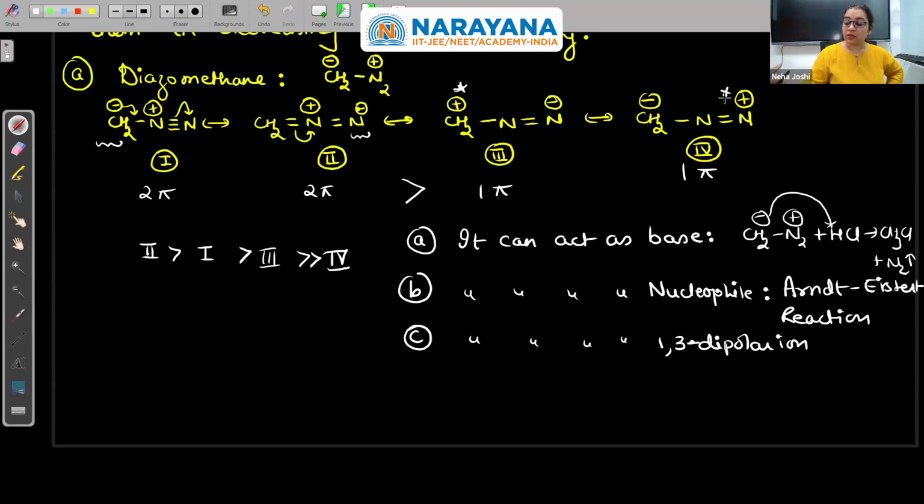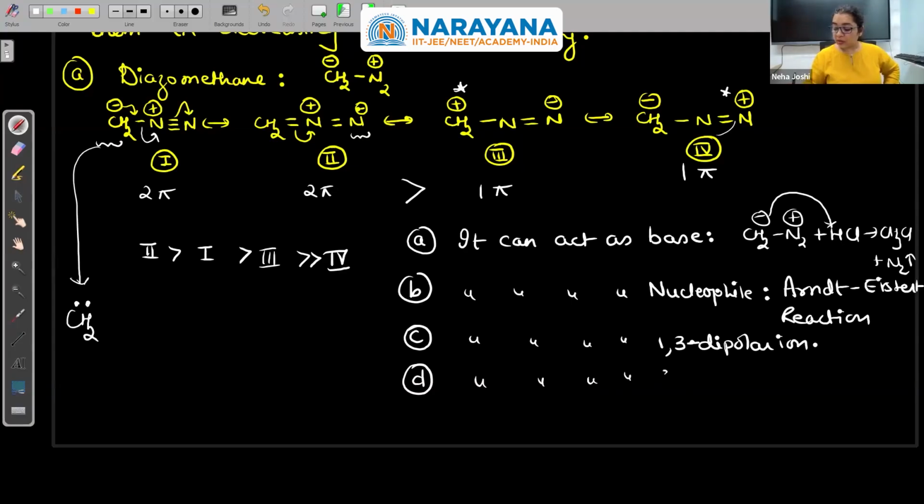See, 1 plus 1 minus 1 plus 1 minus. So from position 1 and 3, it can act as a dipolar species. Yes. From this structure, I can say that nitrogen is such a good leaving group. And if this happens, CH2 minus and this plus charge, so I'll have a carbene.